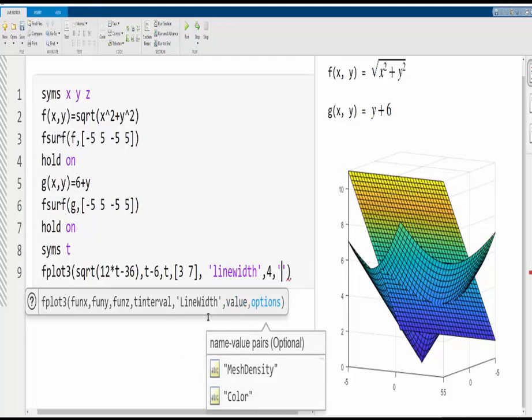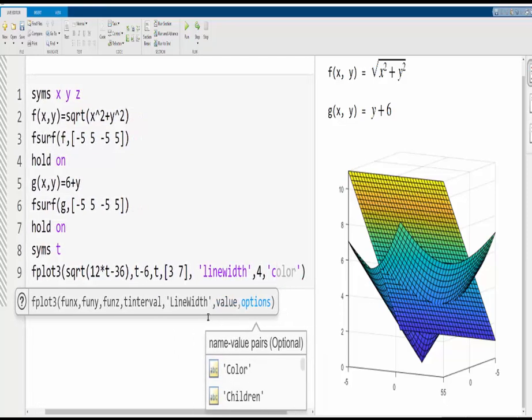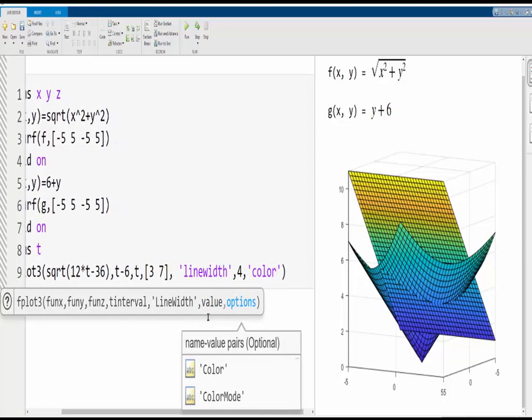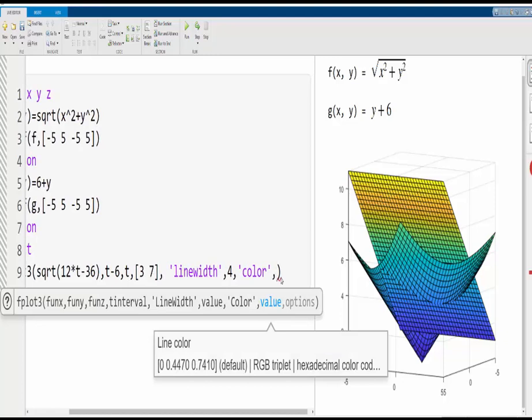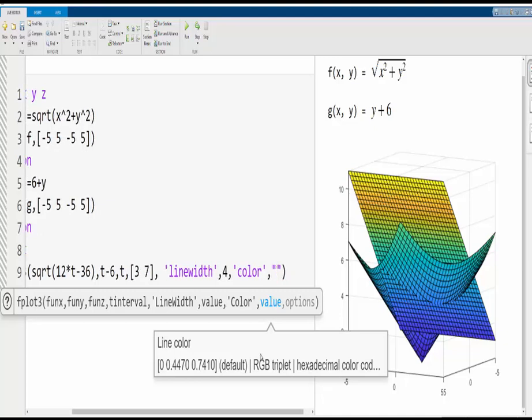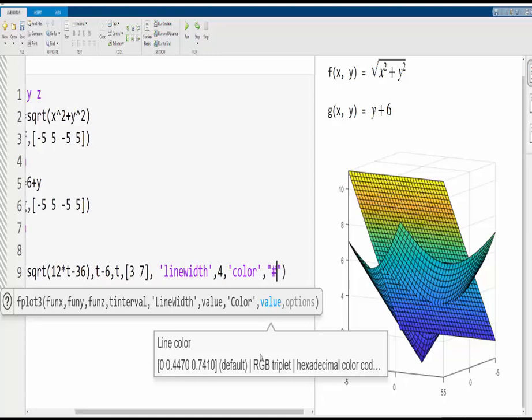Okay, and I would just go ahead and specify the color here as well, and I saw that it takes only hexadecimals. So for hexadecimal, see, it says hexadecimal color coding. I just got a couple memorized. One of them is black, the other one is white. So let me just put black here.